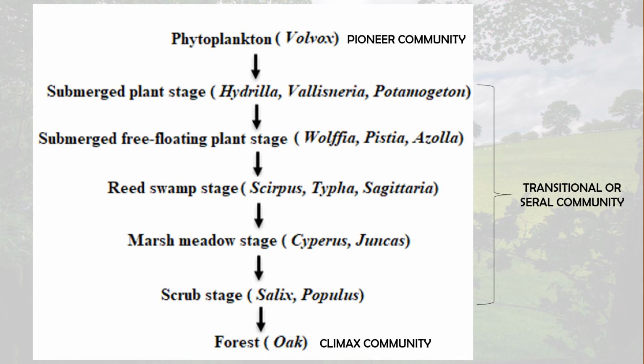The plants like Typha and Scirpus are important plants of this community. They have well developed rhizomes and form a very dense vegetation. The water level then further reduces and finally becomes unsuitable for the growth of these species too.